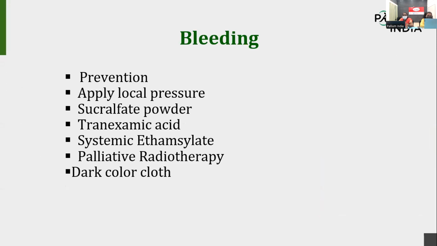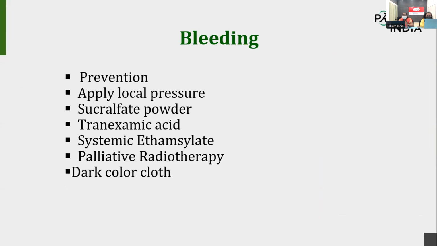Coming to the bleeding part, always try to prevent bleeding. Use correct wound cleaning techniques, because the dressings are adherent to the wound. Before removing the old dressings, soak the dressings well, and then try to remove them. That way we can prevent bleeding. If there is bleeding, first apply local pressure.